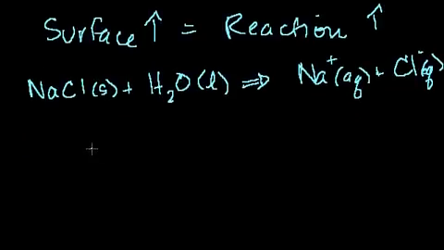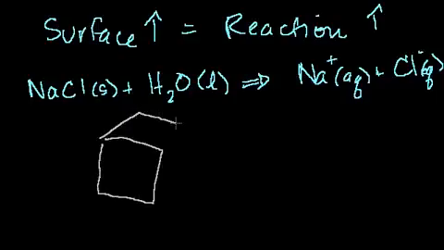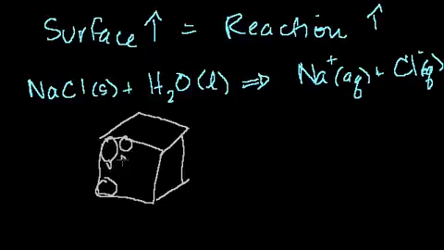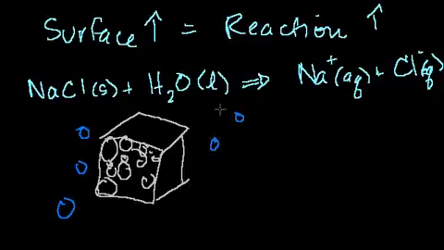If you have a big block of salt, I'll do salt in gray, so there's a bunch of sodium and chloride atoms in it, and you have water all around it, the water is only going to be able to interact with the surface molecules and slowly dissolve away the salt, slowly make polar bonds. These are actually the polar dipole bonds with the different sodium or chloride ions.